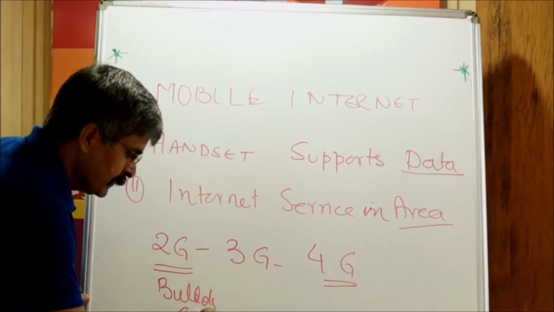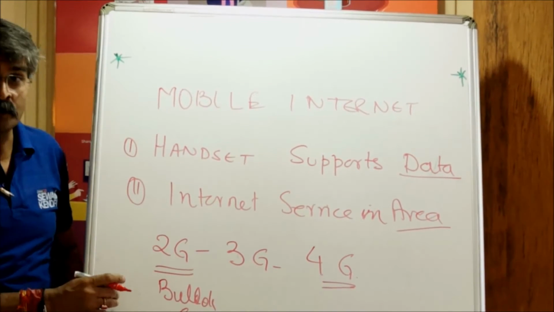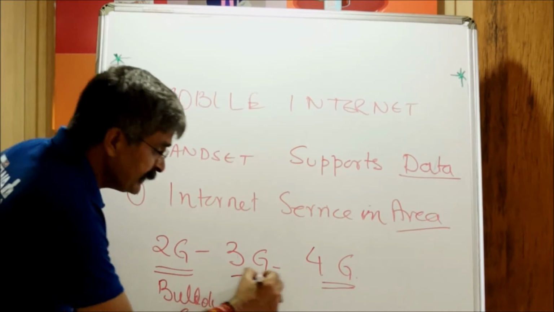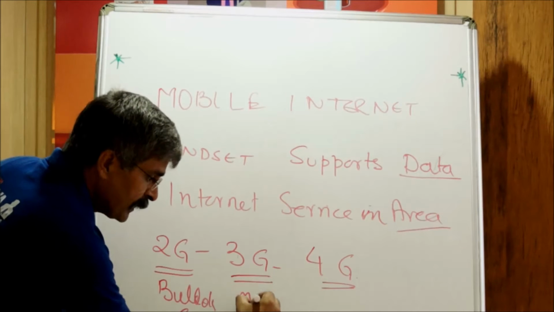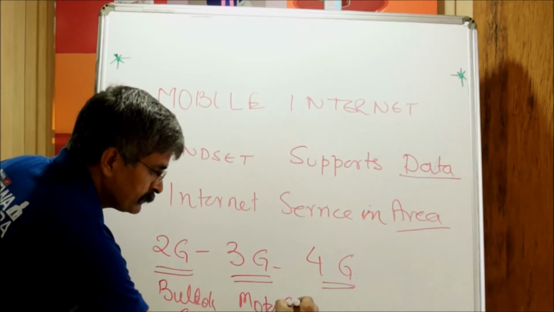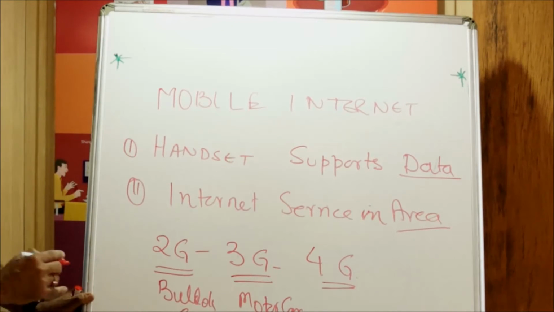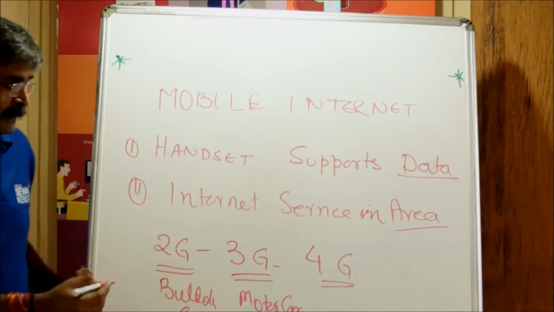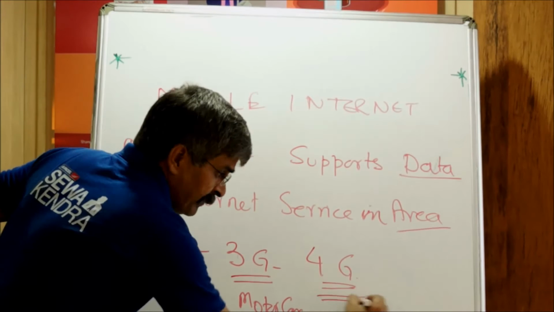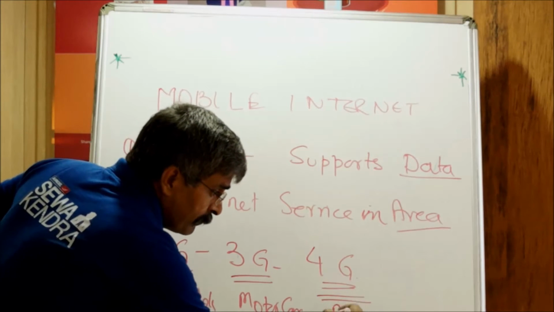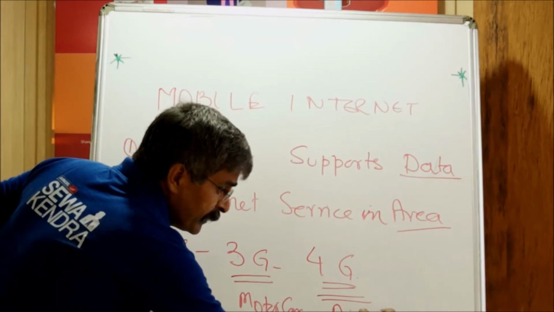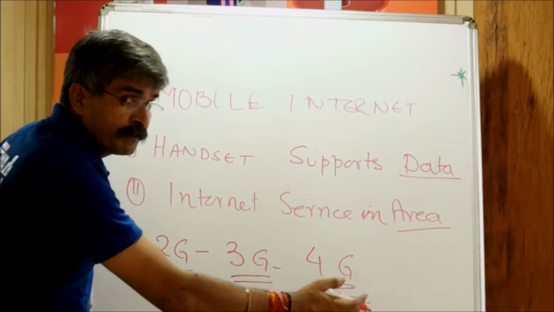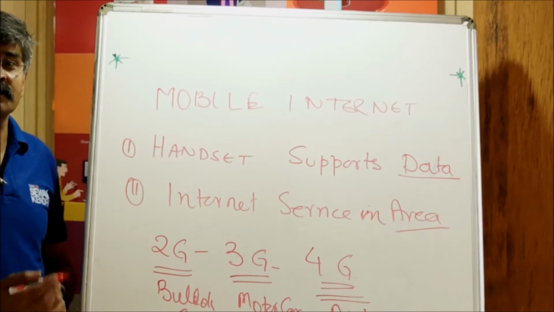It is slow, but it moves you faster than a normal human being can walk. 3G is like a motor car, which runs faster and takes you to the destination at a much faster speed. 4G is like an Airbus or aircraft, which takes you the distance in a much smaller time.